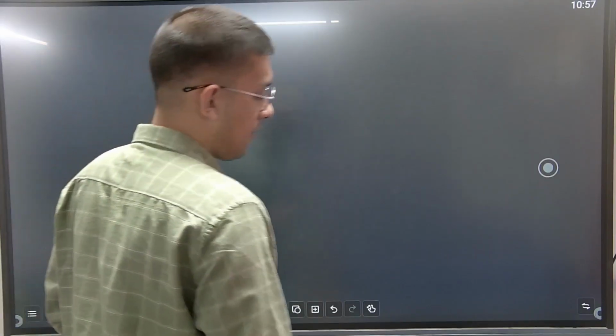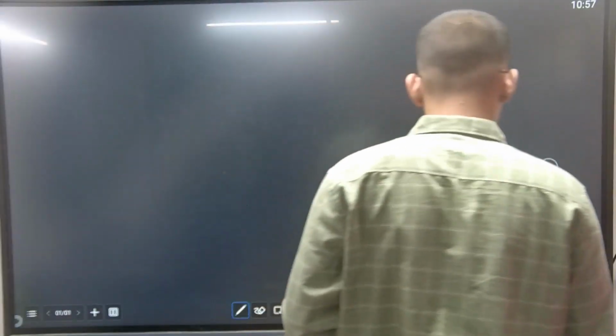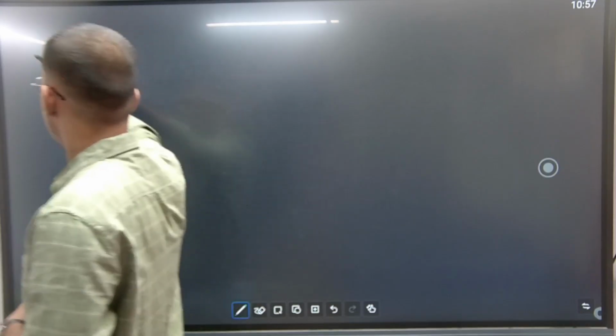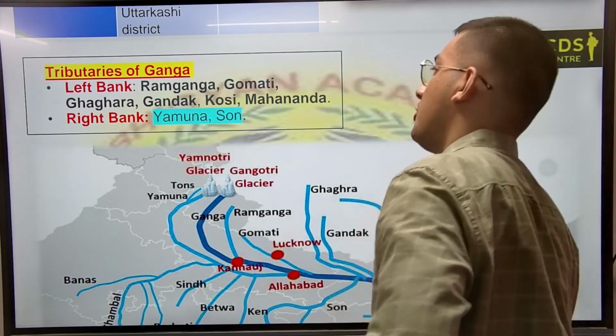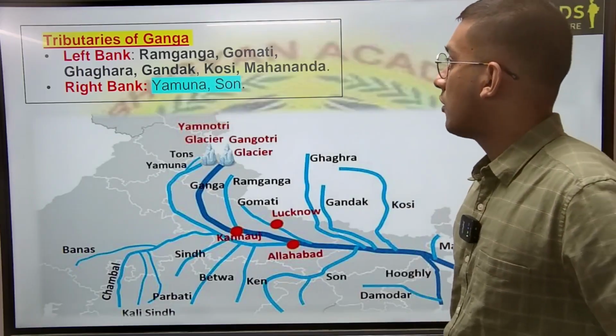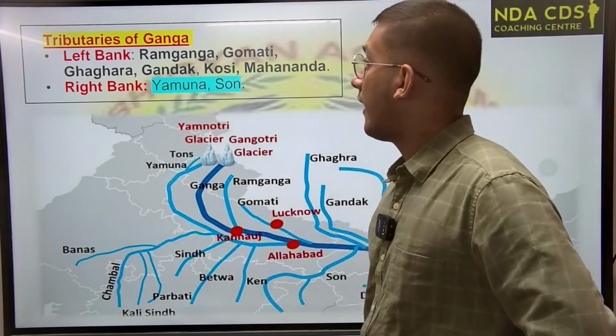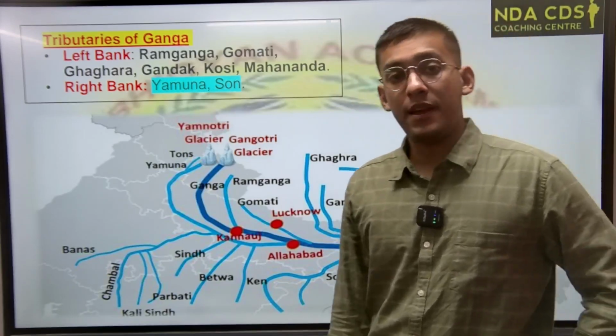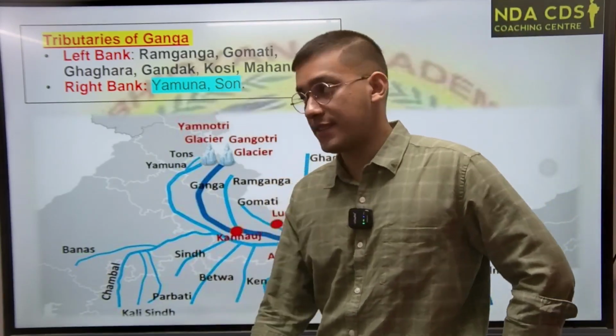We will now learn about the Yamuna and Ganga system, Ganga and its tributaries. We will now learn the tributaries of Ganga. The left bank tributaries of Ganga include Ramganga, Gomati, Ghagra, Gandak, Kosi, and Mahananda. In the right bank, we have two, that's Yamuna and Son.